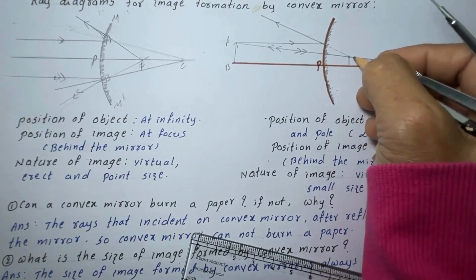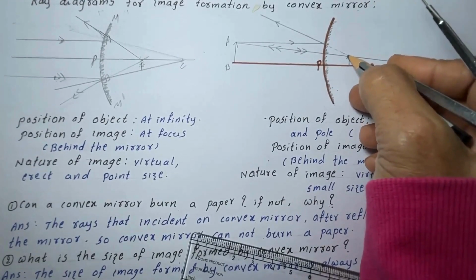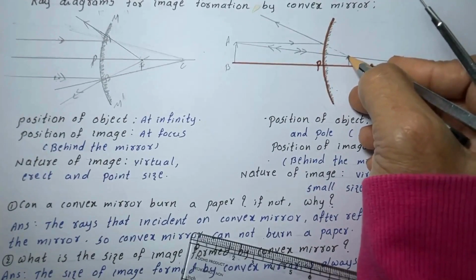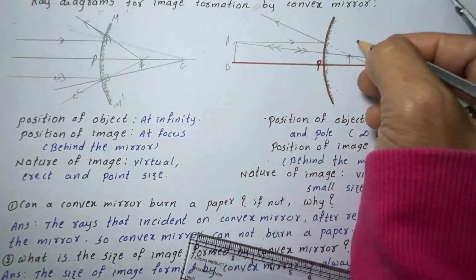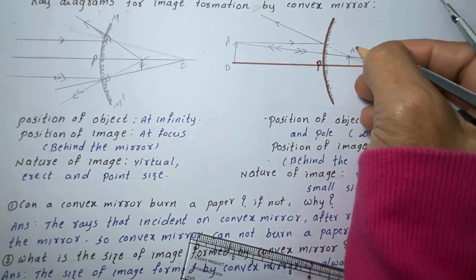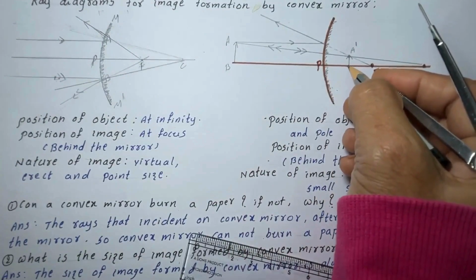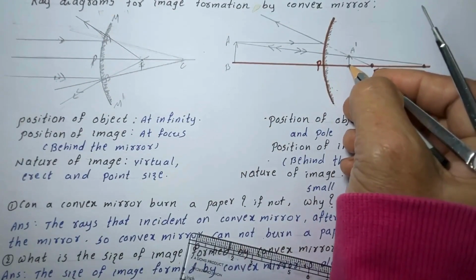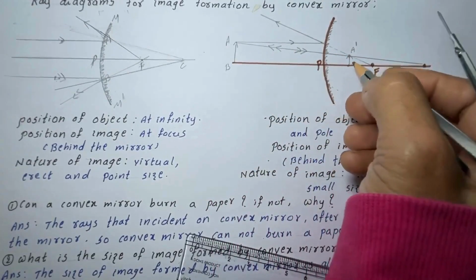This is the image, and when you observe this point, this point is the intersection of the reflected rays which are coming from point A. So this is the top of the image. And when you see this part, this is the ray which is coming from the bottom of the object.